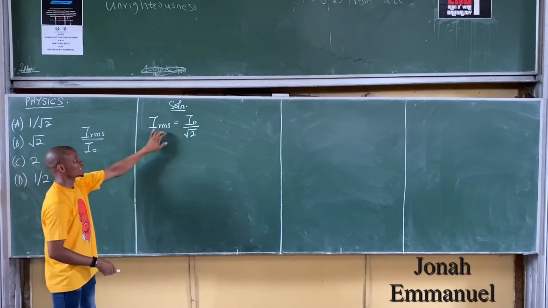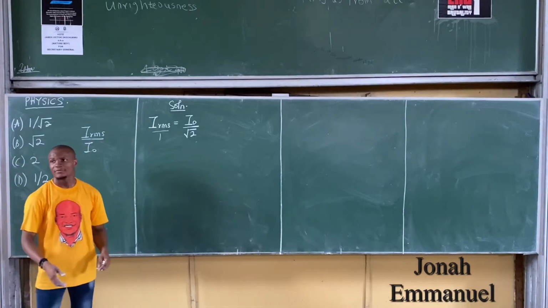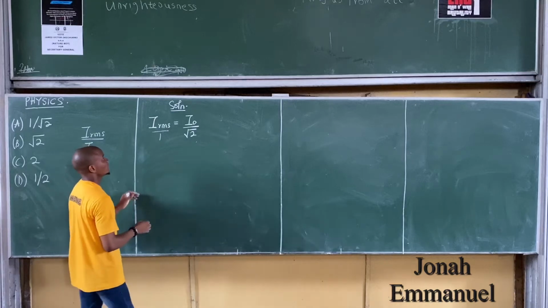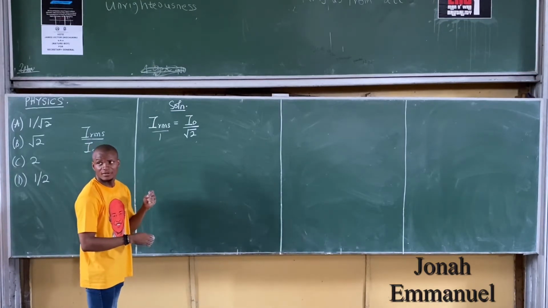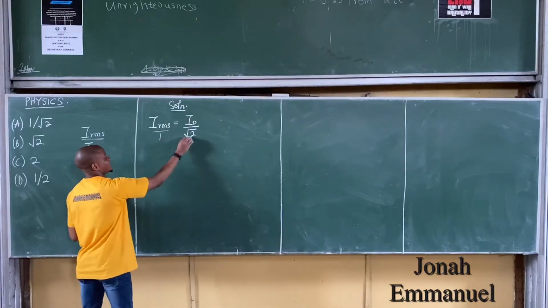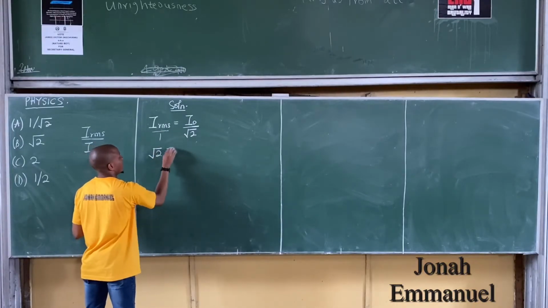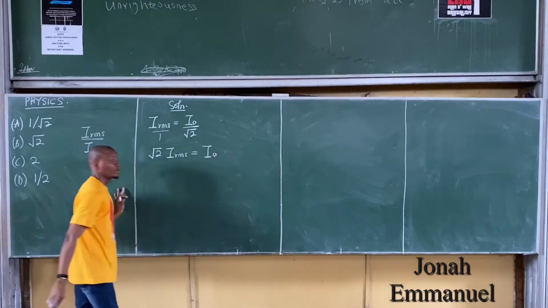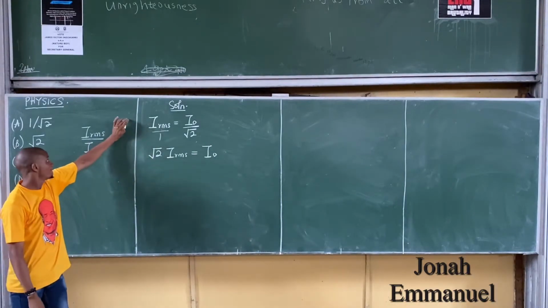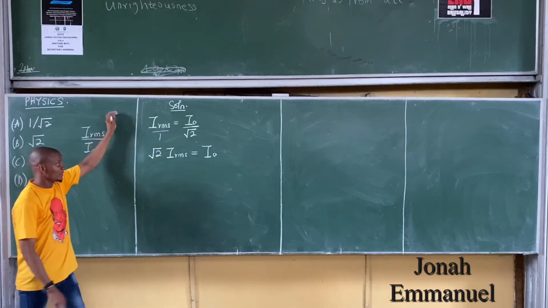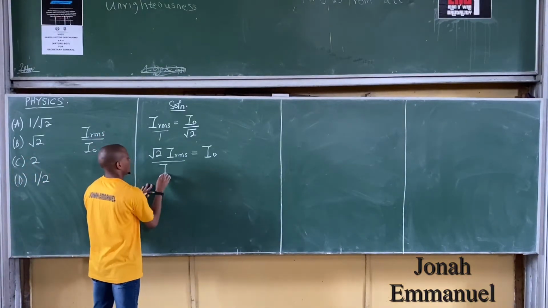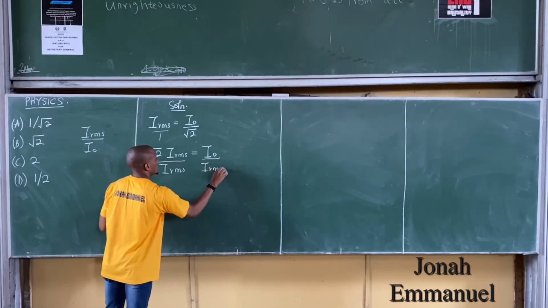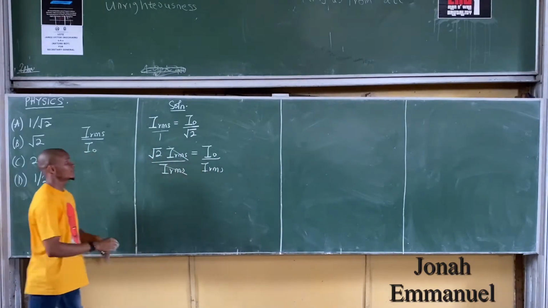So you divide. Root 2 times I RMS is equal to I naught. Divide here by I RMS, this cancels this.